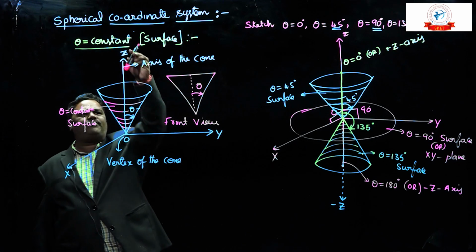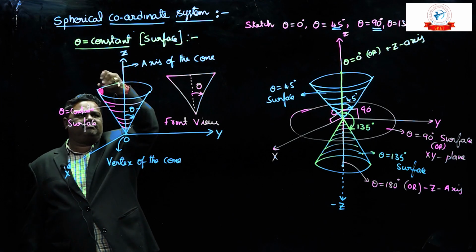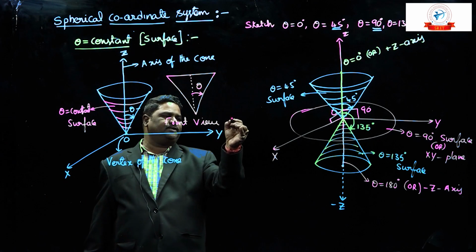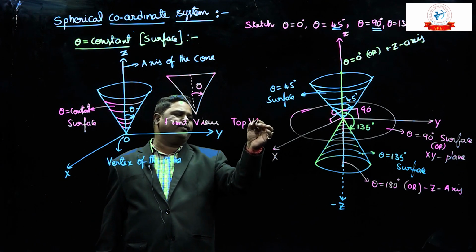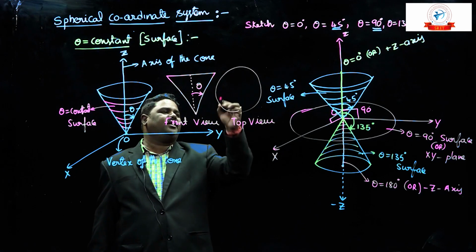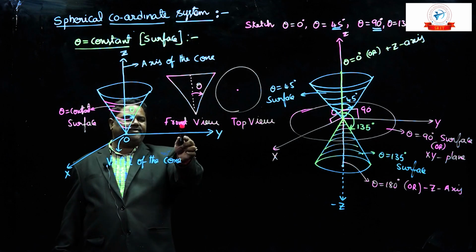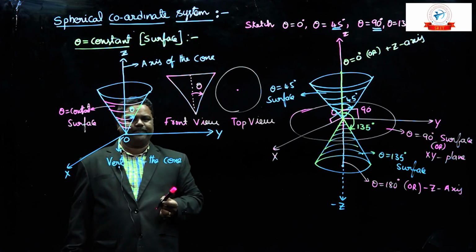Similarly, what is the top view of this cone? If you see from the top, we can see the circle of the cone. In the top view, the cone looks like a circle and you can see the vertex. So this is the front view and top view of the cone diagram.